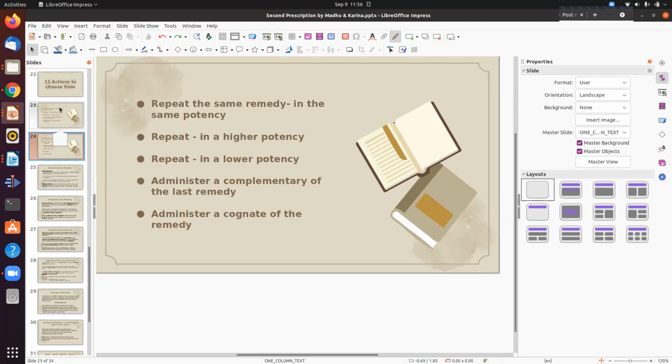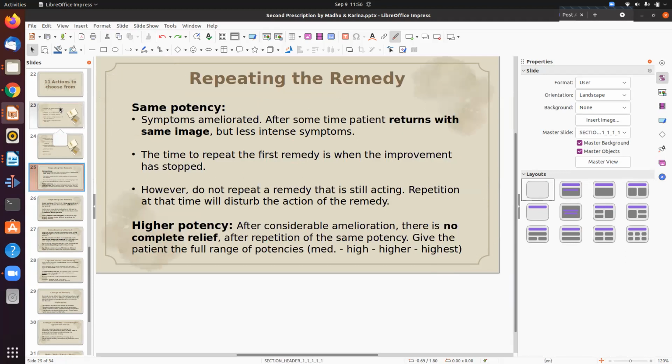So, when to repeat the remedy in the same potency. I have the habit of repeating it again and again. But I should learn that when the symptoms ameliorated, and after some time the patient returns with the same image but with less intense symptoms, like the patient is having throat pain but this time the intensity is low, that time we have to repeat the remedy.